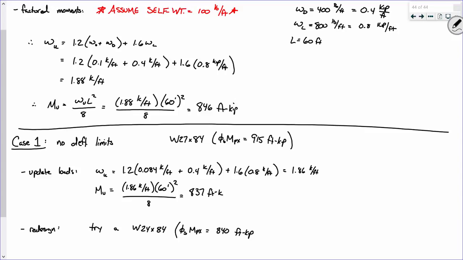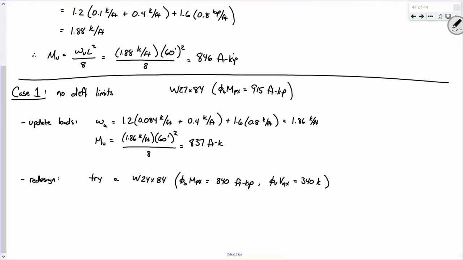Even though it's not going to govern, what is the shear capacity? Now we compare that against the factored load, okay? All right? The factored load is WUL over 2, right? That's the maximum shear on a simply supported beam, right?